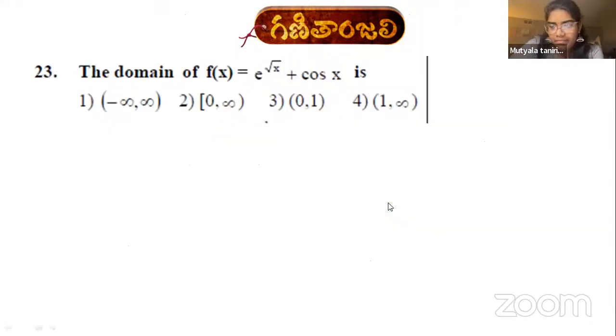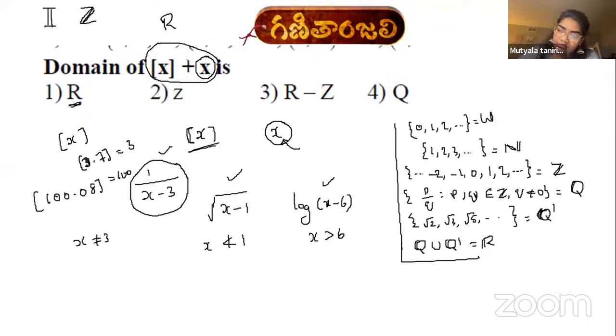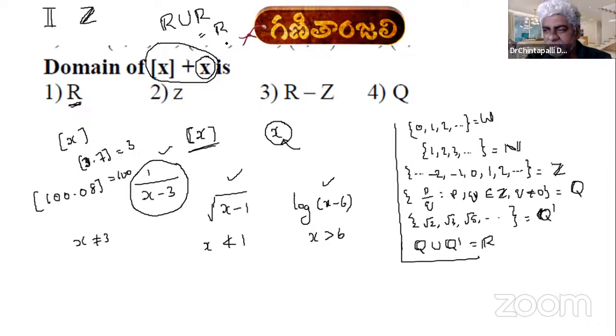The domain of the first part is R, the second part is R, so the domain of the total function is R union R. You know what R union R is? R itself only. So which option is correct? Option 1. That's it.